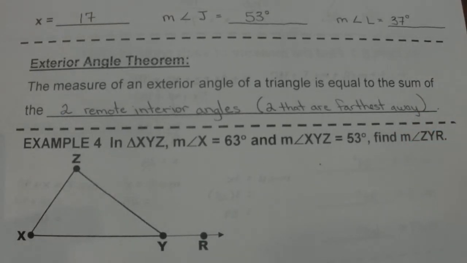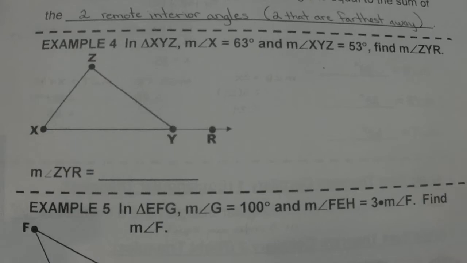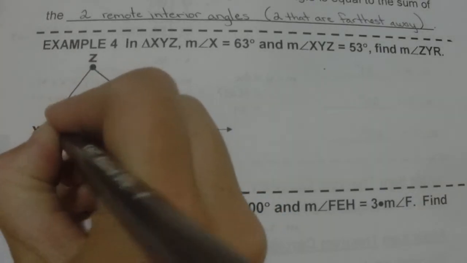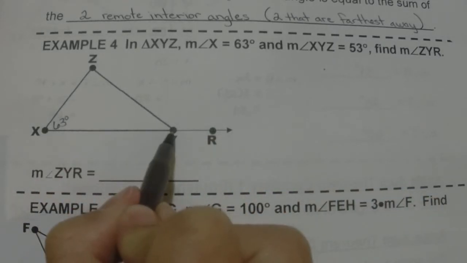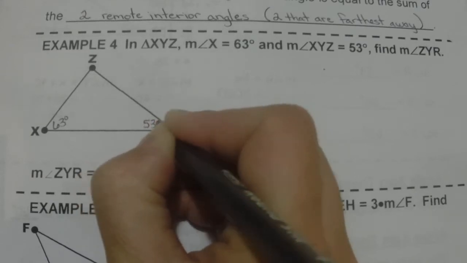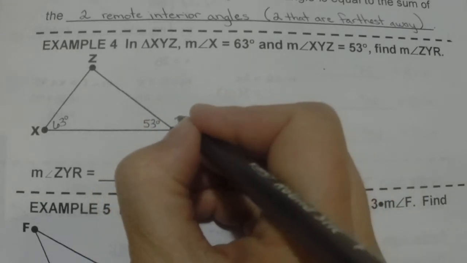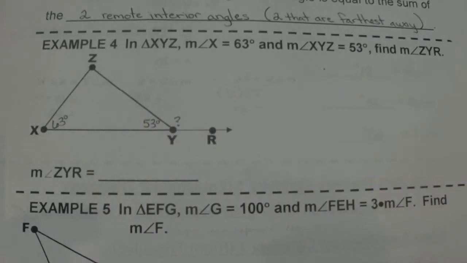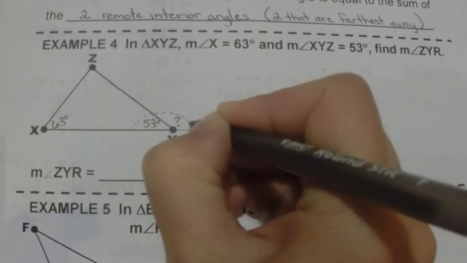So if I look at example 4, it says if x is 63 degrees, so I label my picture, and x, y, z, so that's this one in here, is 53 degrees, find the measure of z, y, r, which is this one right here. Now, there's two ways to do this. If they give you numbers, I'm hoping that you guys remember what this should add up to be.